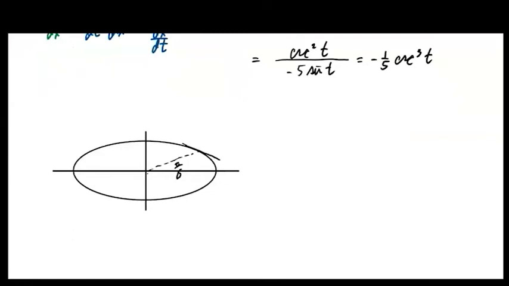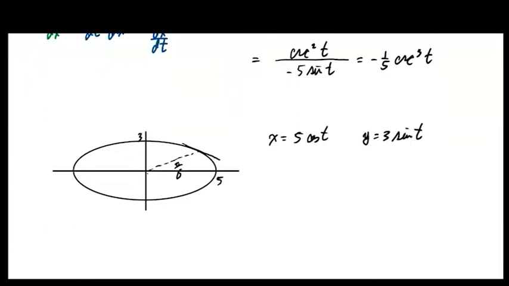Huh. Okay, let's do it. Say this is 5 and this is 3. How about that? So our parametric equation is x equals 5 cosine t and y is equal to 3 sine t. Exactly same as before, except on the y side I have reduced it to 3, so it flattens it.